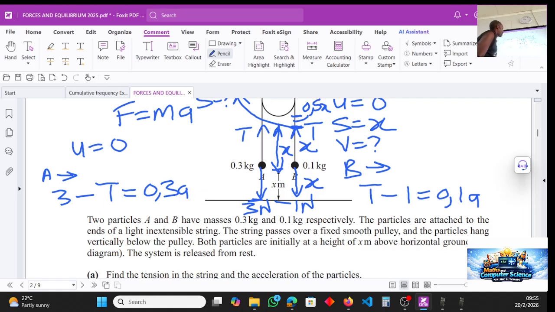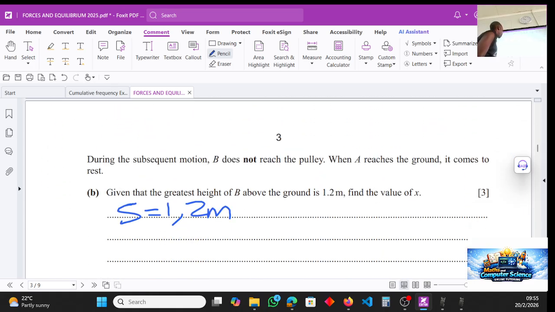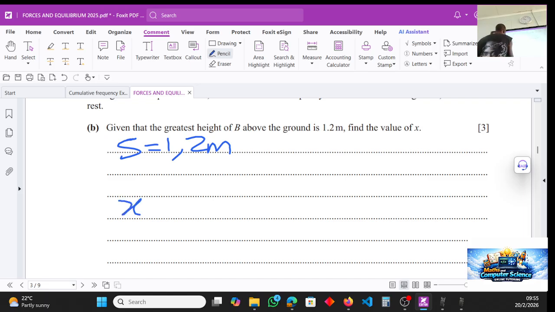Well, it's actually x, sorry. So x, which is the initial height above the ground, plus another x when object A travels down, plus 0.5x. This should give us a total of 1.2, which is the greatest height that's reached.